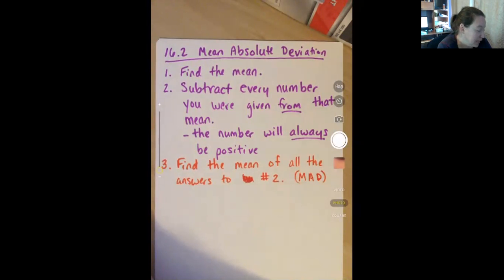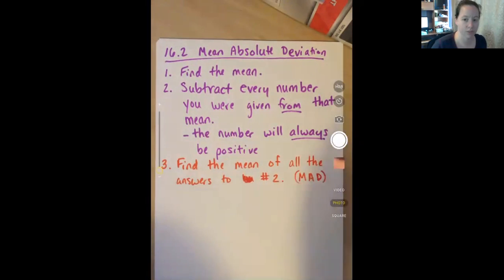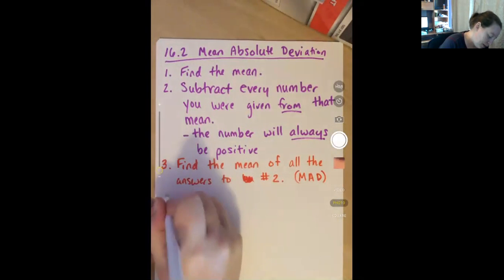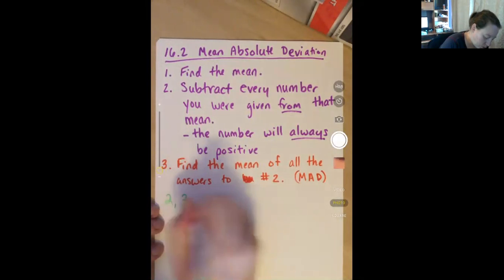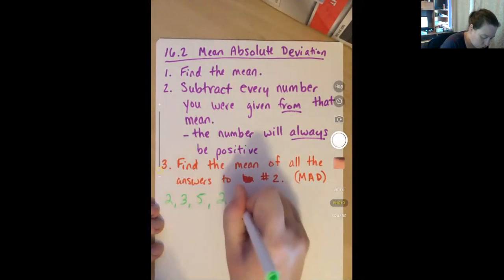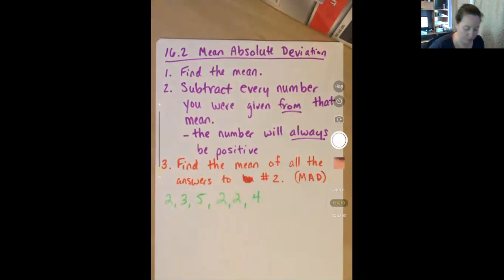Okay, so let's try doing this. Here's an example. Let's make it a smaller one, shall we? So we don't have to do quite as much stuff with it. Let's go with 2, 3, 5, 2, 2, 4. First of all, I find the mean.